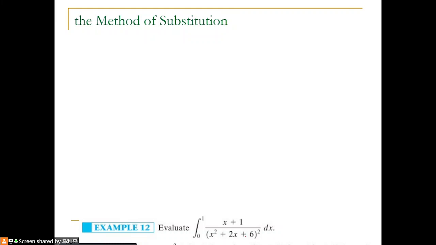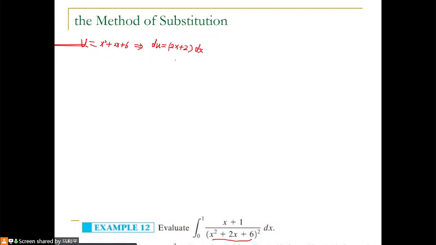Here is x squared plus 2x plus 6, and this is x plus 1. So of course, it's obvious that we let u be x squared plus 2x plus 6. Okay, and from this we find du is equal to 2x plus 2 dx.